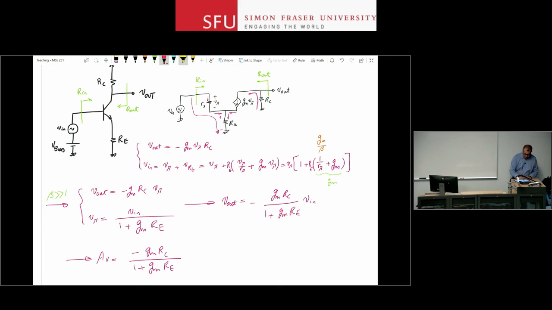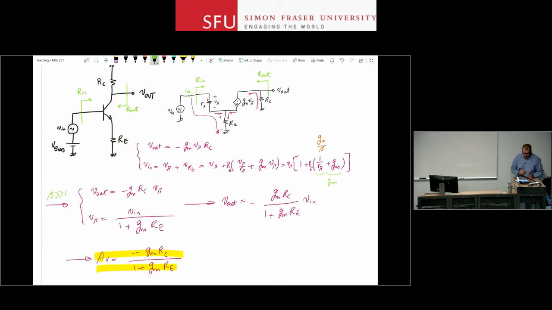Now, okay, so let's calculate the input resistance. I usually do these two right after the other, the input resistance and gain calculations, because as we mentioned before, as long as your source is an ideal source and doesn't have a source resistance, the calculations are the same. I'm still attaching a test source to the input of the circuit and looking at the current from it. I can reuse some of the calculations I did for voltage gain if the voltage source in that case was ideal.